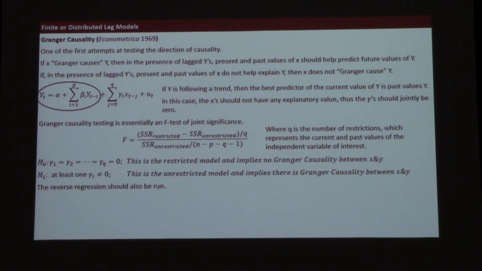And then gamma 2, advertising in t minus 2, plus our error term. It's a distributed lag model. It's finite because we've only got a 2-period lag. Notice that we have current advertising as well as lagged advertising, right?